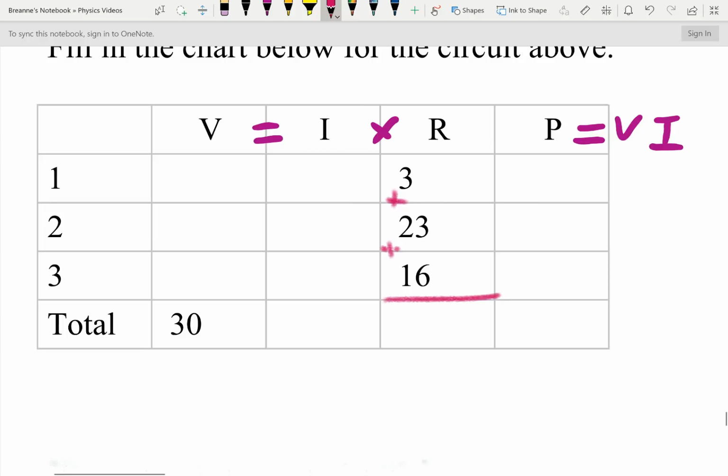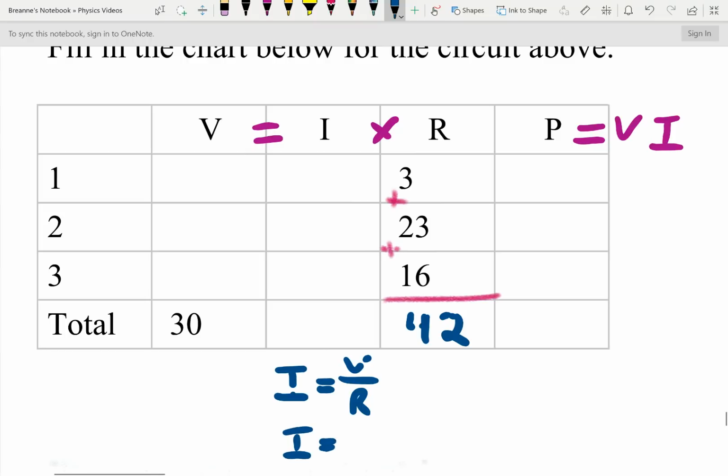So we're going to do 3 plus 23 plus 16. And you get an answer of 42. Answer to life. Now we need current. So current just equals voltage divided by our resistance.